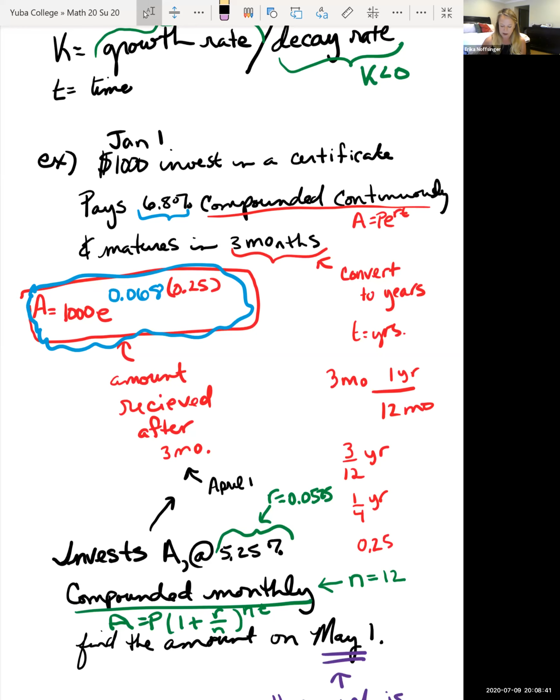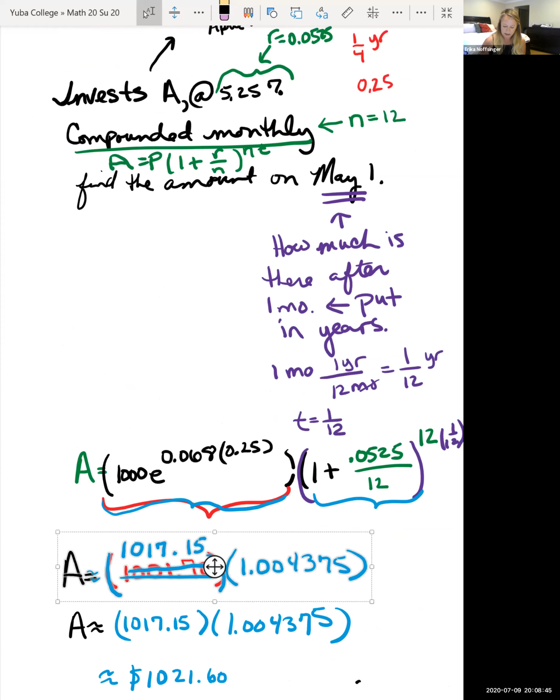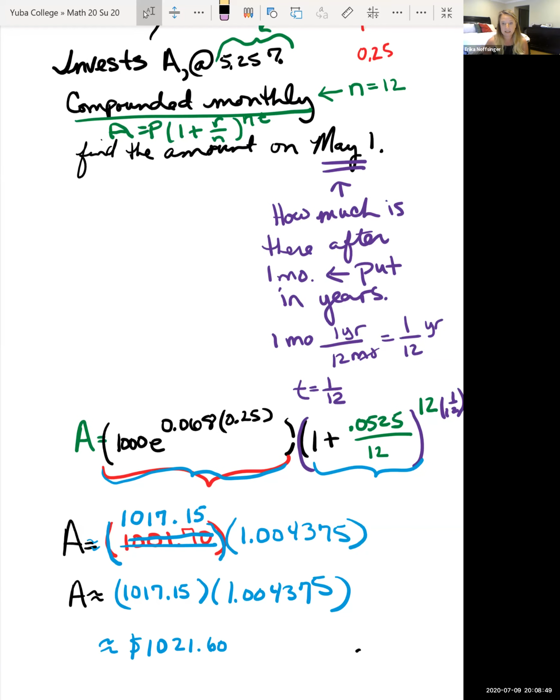When I put that in the calculator, that's the point I got wrong. So it should have been $1,017.15 about.